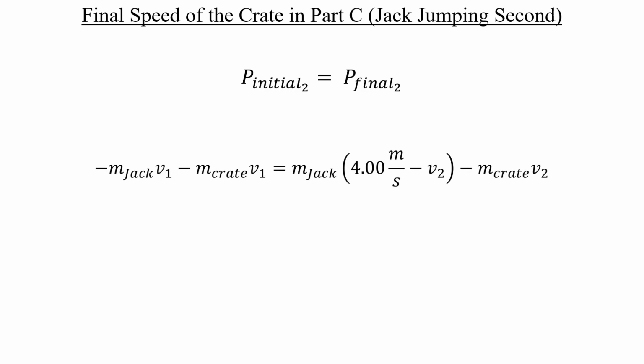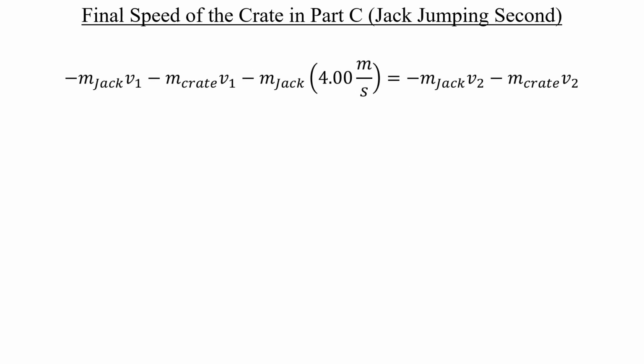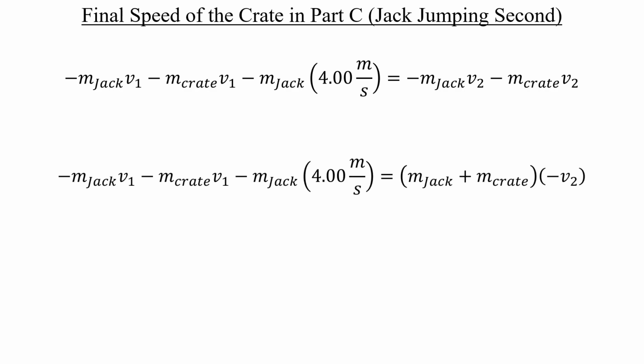We want to distribute Jack's mass first, and then we'll move the positive first term from the right-hand side, this one here, over to the left, like we did before in part B. V2 can now be factored on the right, and again, we'll multiply both sides by -1 to make everything positive.